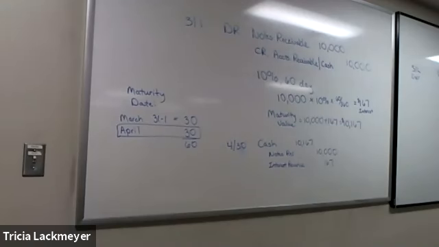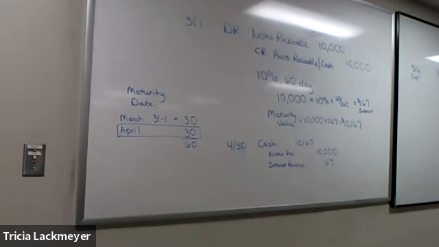And then the only other thing with fixed assets on your multiple choice is just know how they're reported on the balance sheet. Just like the accounts receivable, where we took accounts receivable minus the allowance for doubtful accounts, assets are reported at their book value.